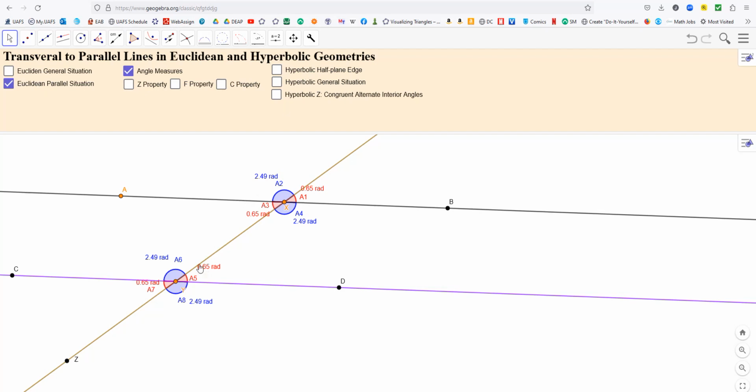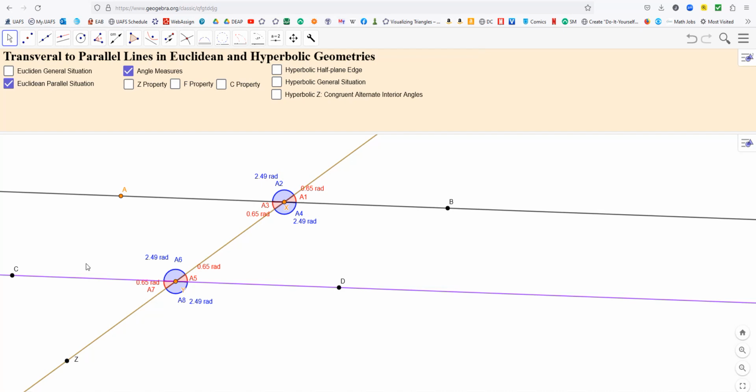The straightaway first version is the Z property: if you have a pair of congruent alternate interior angles, then these 2 lines have to be parallel. We'll see in Euclidean geometry that if you've got parallel lines, the alternate interiors have to be congruent, but that second version, where you start with the parallel lines, does not necessarily make them congruent in hyperbolic geometry.